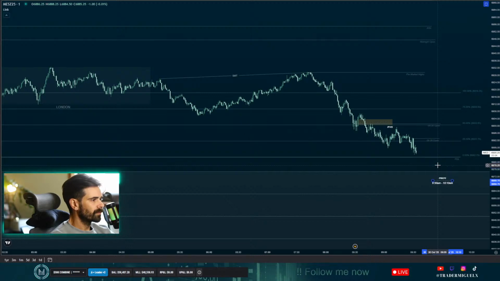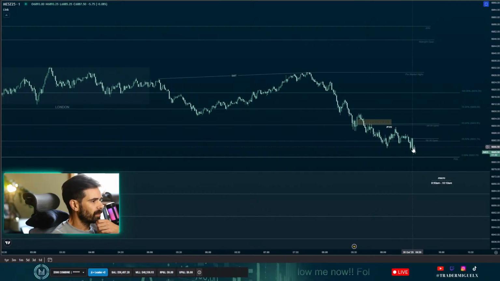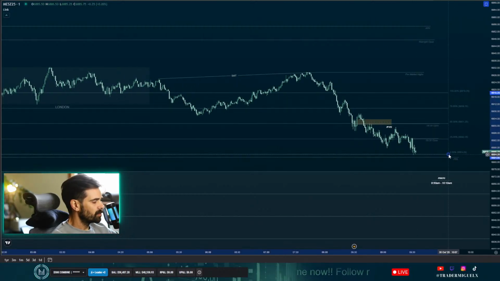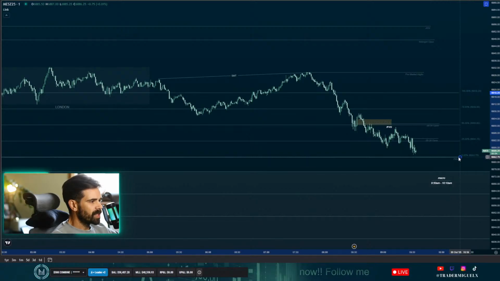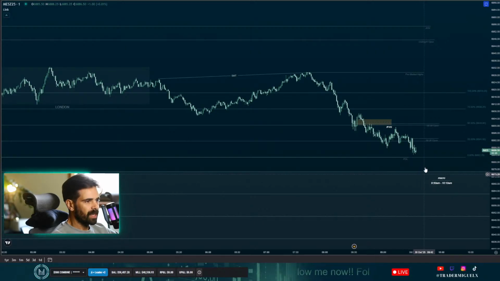So the game plan is probably to wait for previous day low to be purged, then eventually price coming inside this shaded area and reacting in a bullish way.